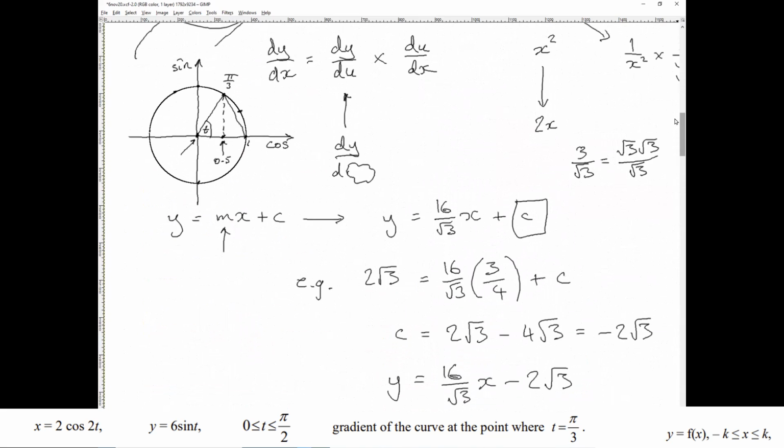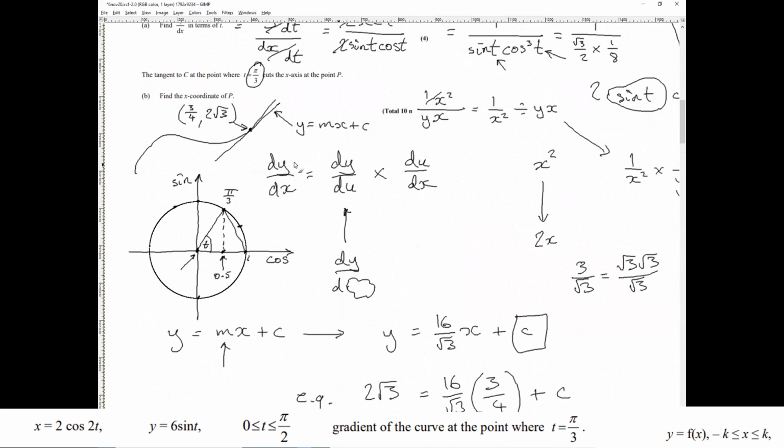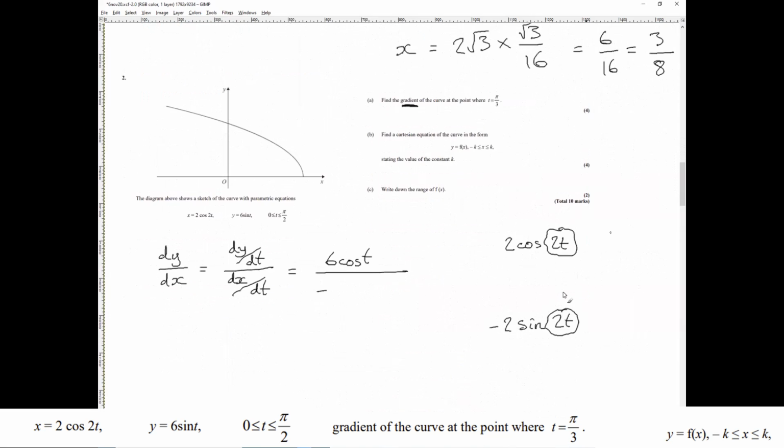The chain rule says you must, having differentiated with respect to the inner function here, see where I'm pointing? You must multiply by the derivative of the inner function with respect to x. So this is dy d blob, in other words, dy du.